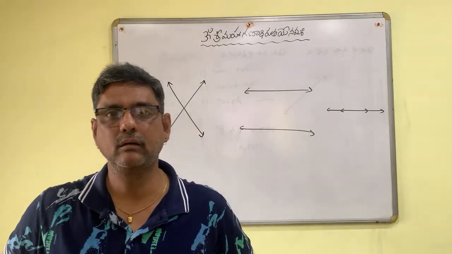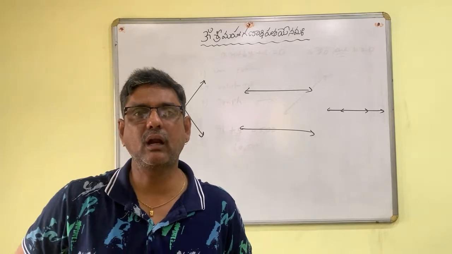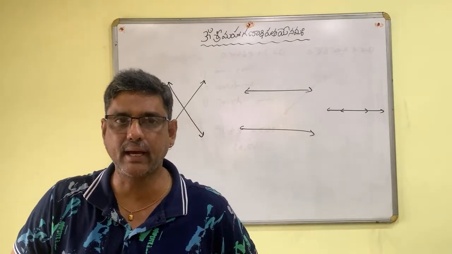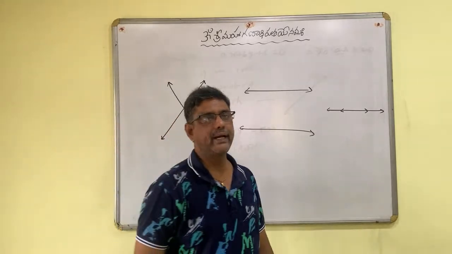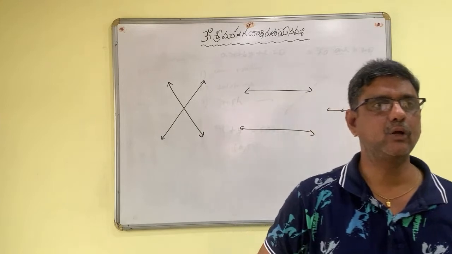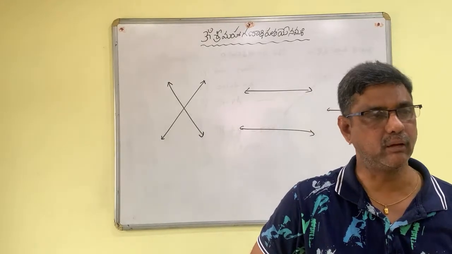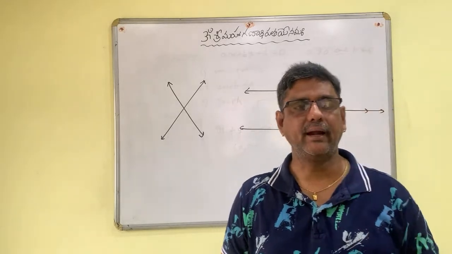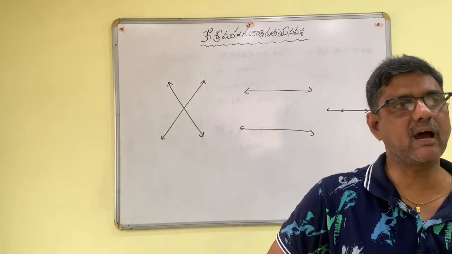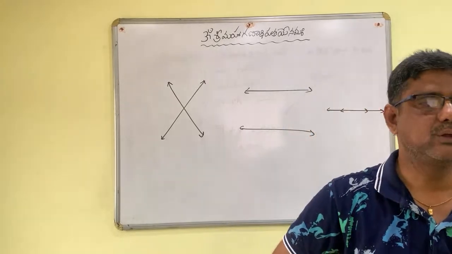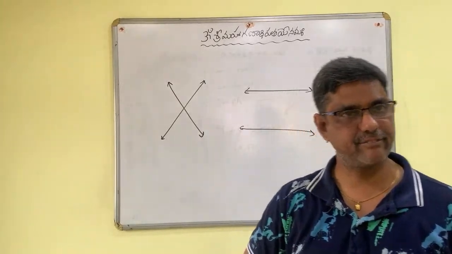Okay? Again I am saying, in class 10, whatever problem you see, in each and every problem you are going to get two linear equations in two variables. If you draw the graph of two linear equations in two variables, you will get two straight lines in the graph.